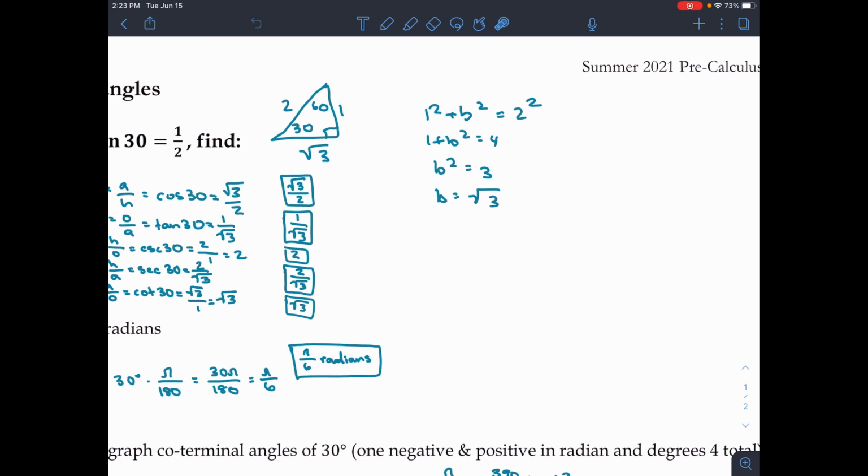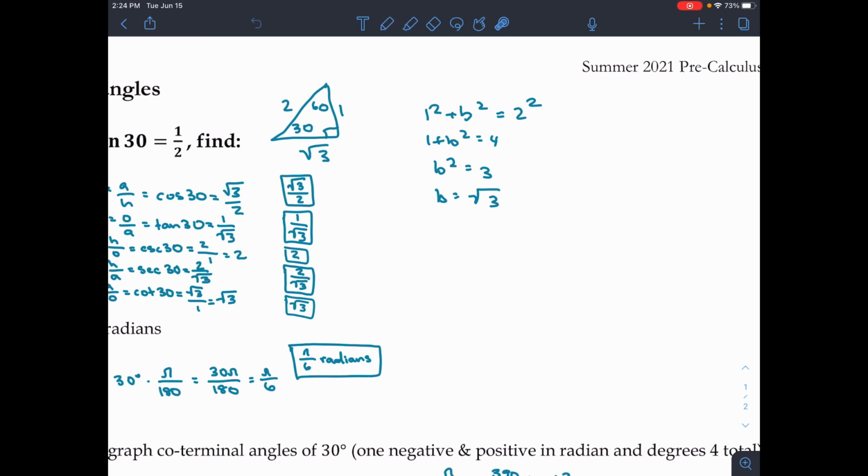So 1 plus b squared equals 4. Then b squared equals 4 minus 1, which is 3, and I would square root the b squared to get b equals root 3. So this side length is square root 3.